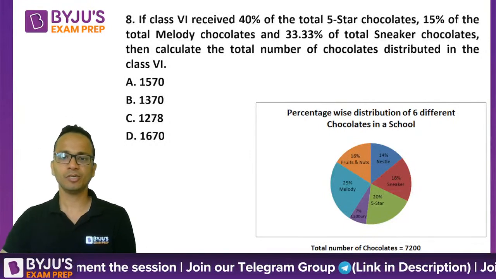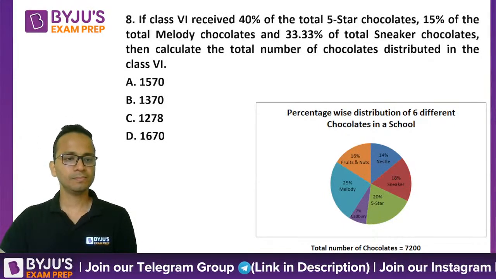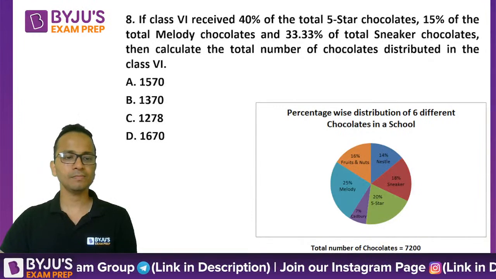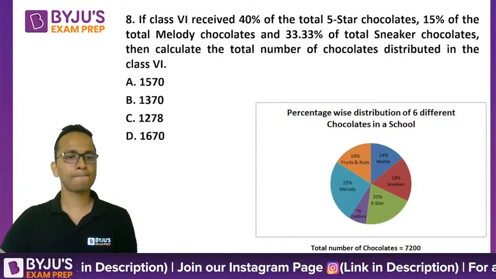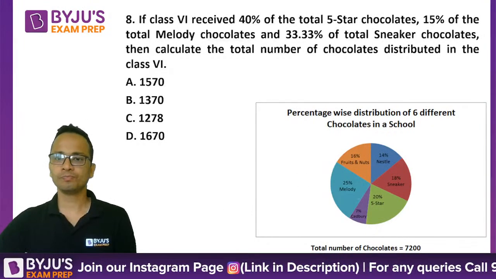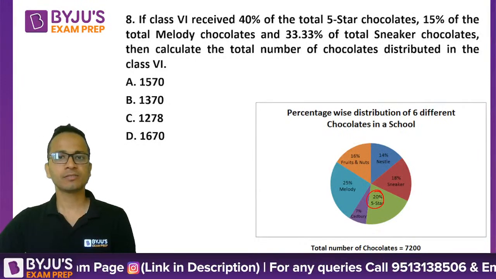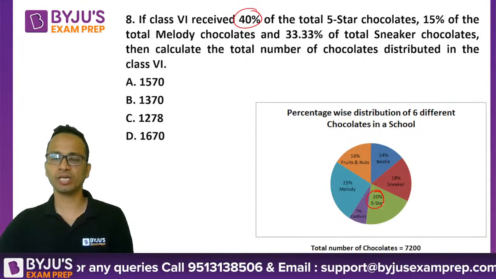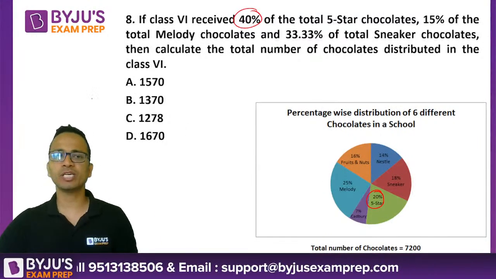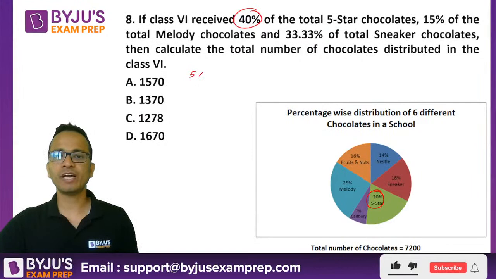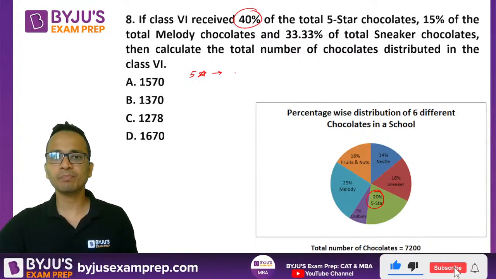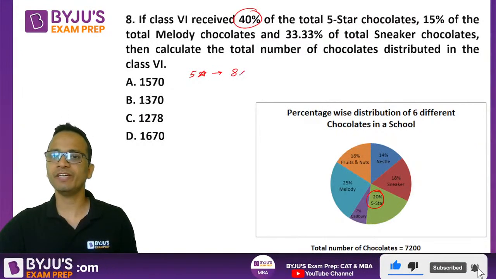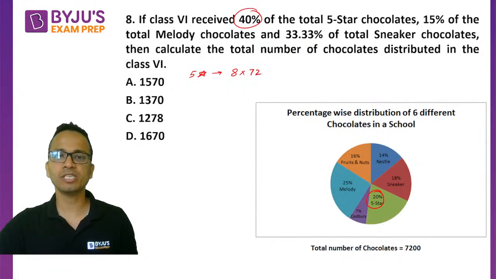The 5-star chocolates total is 20% and we have to distribute 40% of this, so what will 40% of 20 be? 8%. So 5-star chocolates will be 8% of 7200, which will be 8 into 72.